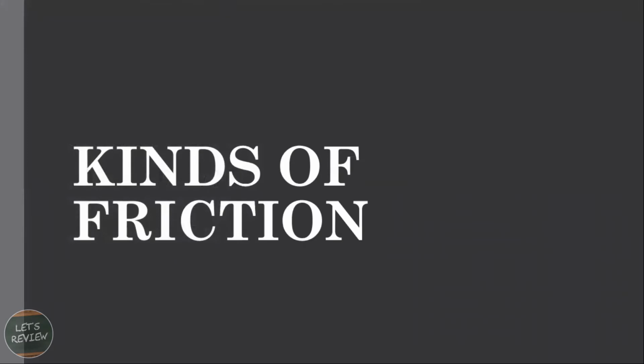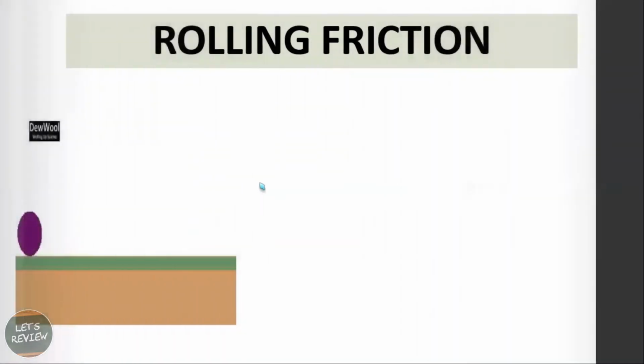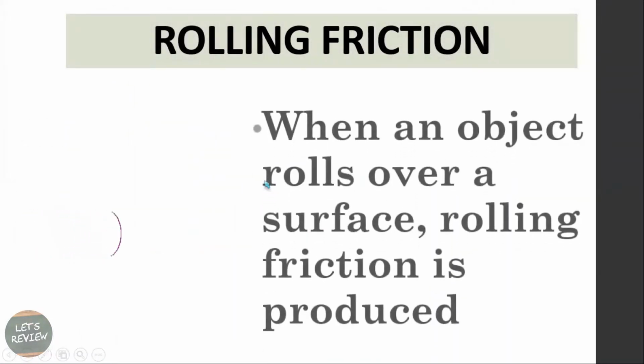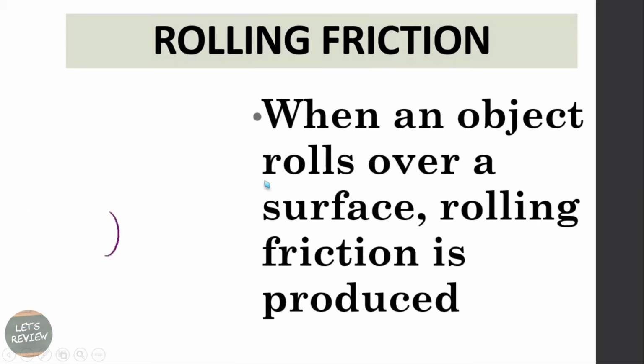So from those two examples, let's take a look at the different kinds of friction. First, I have here the rolling friction. It happens when an object rolls over a surface and rolling friction is produced.